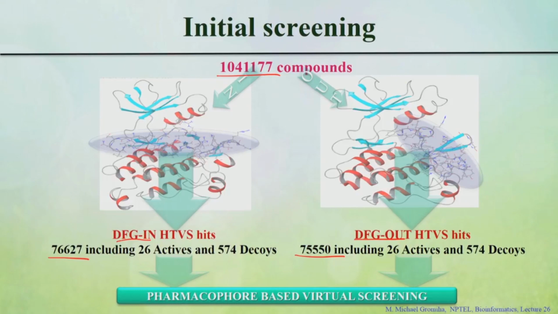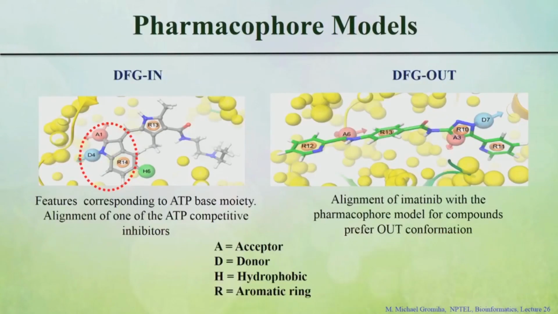Then what we did, those were subjected to a pharmacophore based model. So, what is a pharmacophore based model? If you see a protein, you can see the active site and the moieties around this particular binding site. So, what are the features corresponding to this ATP based moiety?